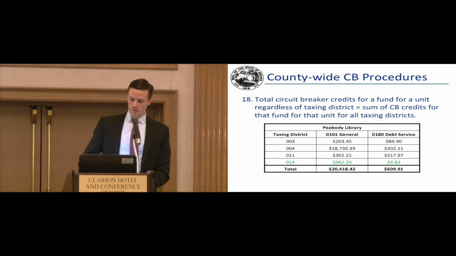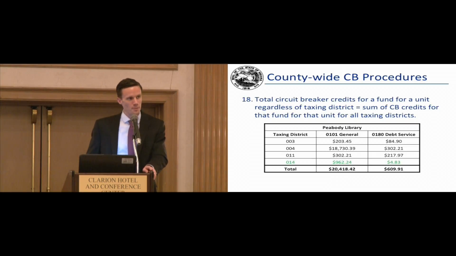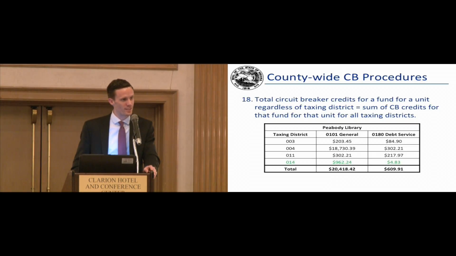So once we have the $16.40, we will then go back and look at it from an individual fund perspective and spread the $16.40 for over 65 circuit breaker to the funds for that unit within that taxing district. So here for multiplication purposes, we've shown the $16.40 on both lines. We had our proportions that we calculated earlier.